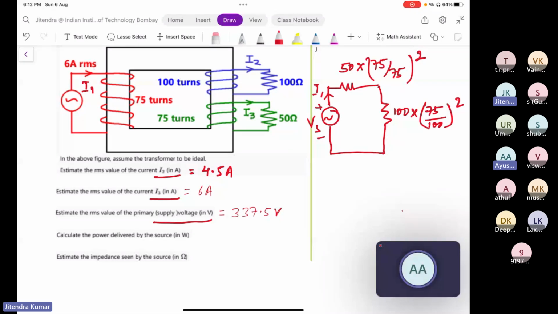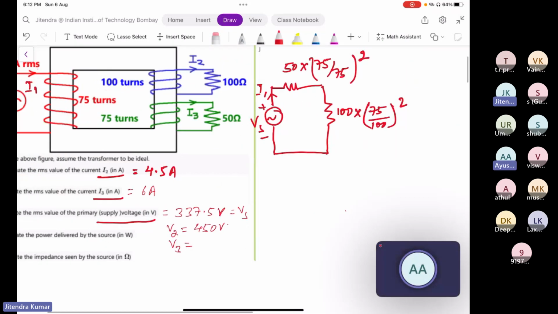V2 is equal to, this is Vs. How much is V2 you are telling? 450 volt. 450 volt. Okay. Then tell me the V3 as well. 337.5. Okay, same.